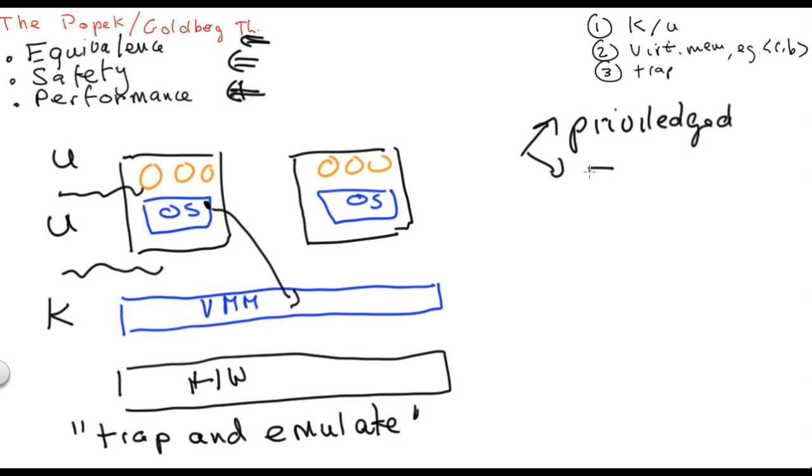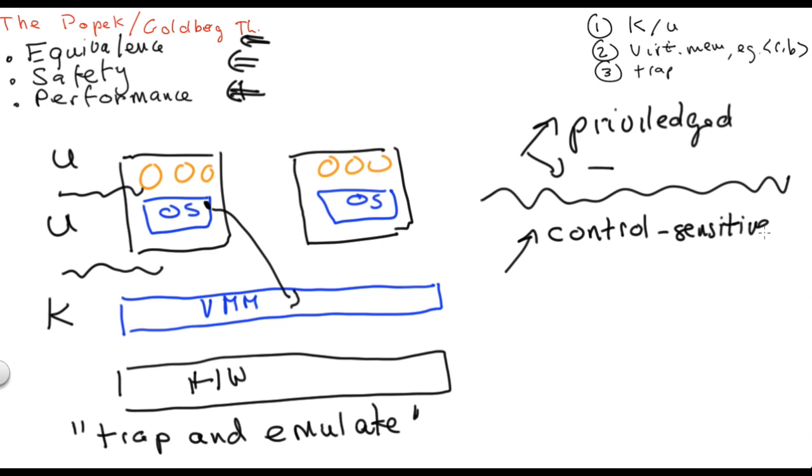And to actually solve the theorem and to formalize the theorem, we need to classify instructions in an orthogonal way, and in three particular categories. So an instruction is control sensitive if it has the ability to access, either read or write, the control state of the architecture.